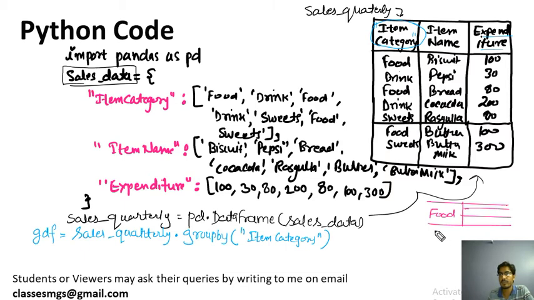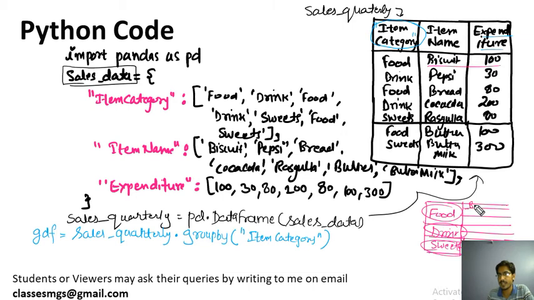Then one more group will be created, that is drink, with 2 rows. Then another group, that is sweets, with 2 rows. So this is how groupby will create groups. 3 groups will be created.